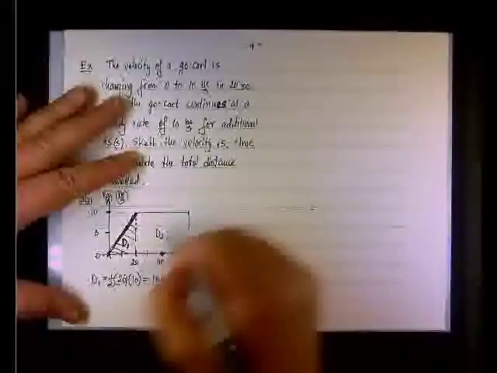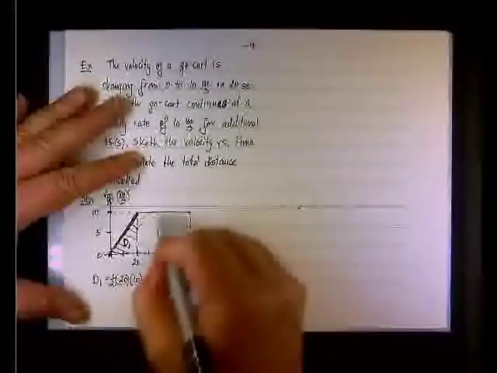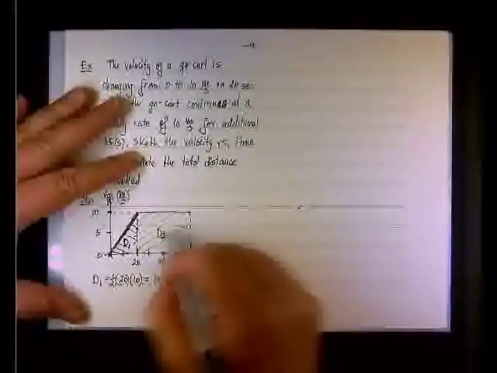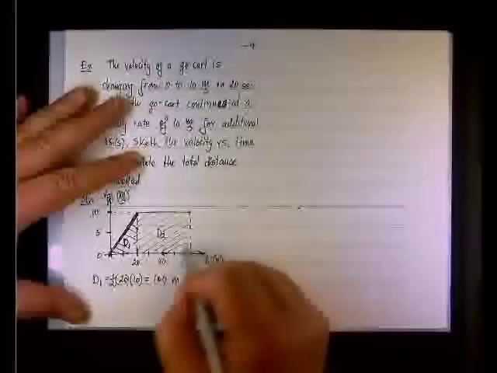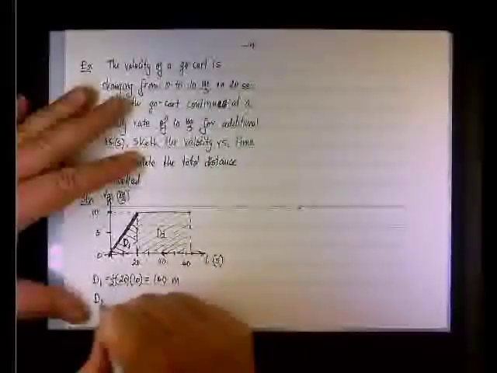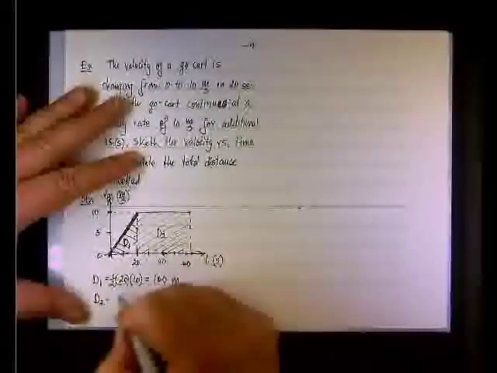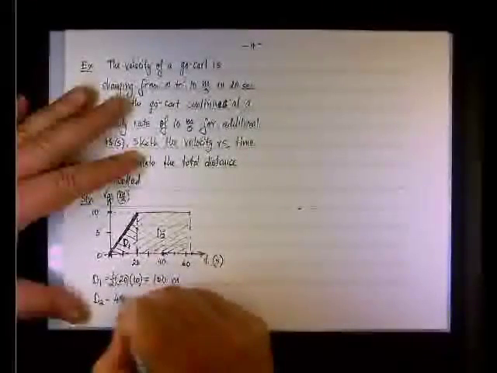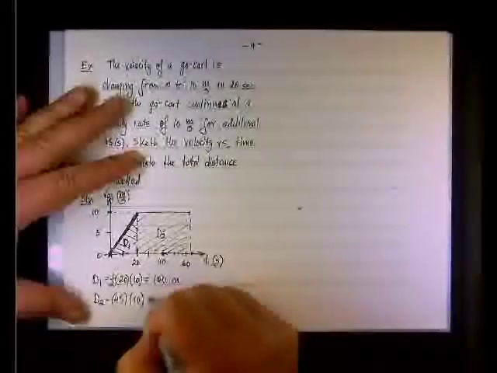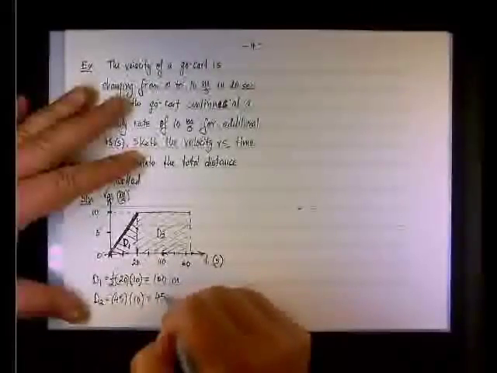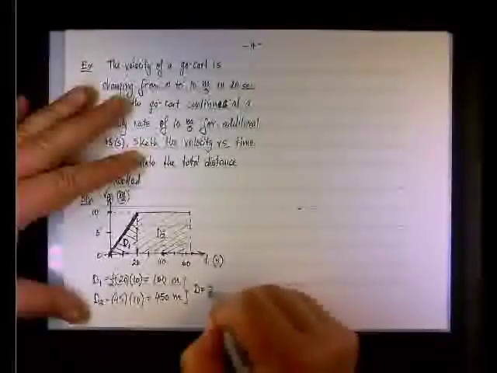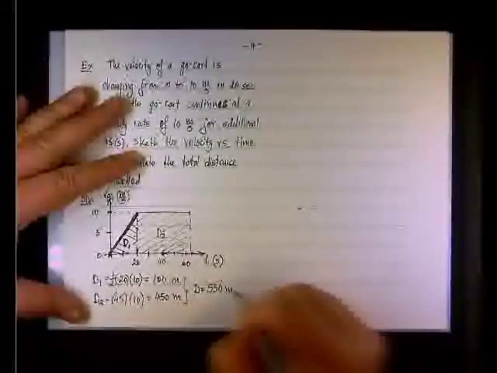And then we have d2, which is the rectangle made of a length of time of 45 seconds and height of 10 meters per second. So it's 45 times 10 or 450 meters. So the total distance d equals 550 meters.